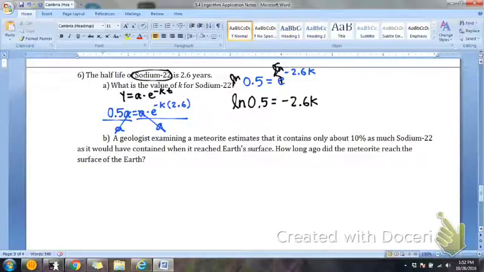Wouldn't you divide it by a positive 2.6 on both sides? If it's negative, we're going to take the negative with it. Okay, so we're going to divide both sides by negative 2.6. Make sure when you use your calculator that you plug in a negative 2.6.